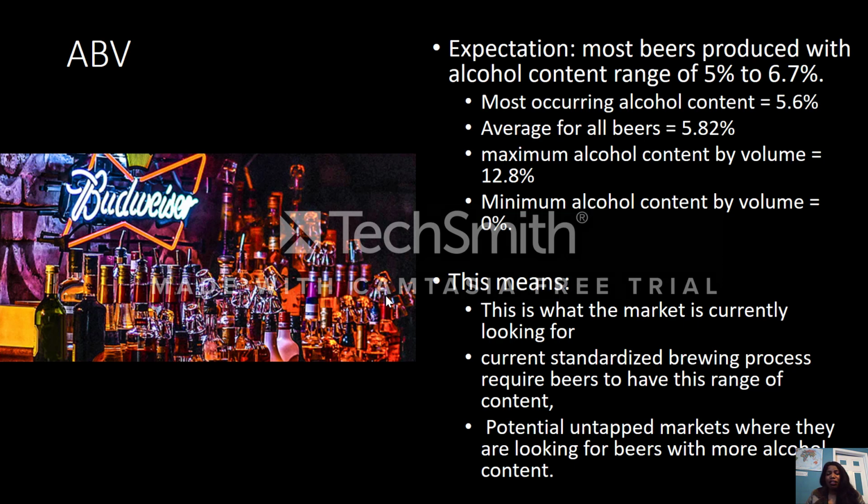And maybe there are some markets out there that are looking for something different, and nobody has gone there yet to talk to them and find out what they want. So you never know. We think there may be some untapped markets looking for something different. So we need to do some market research and understand how the market works in order to implement this and really make it fact. But this is what we found.